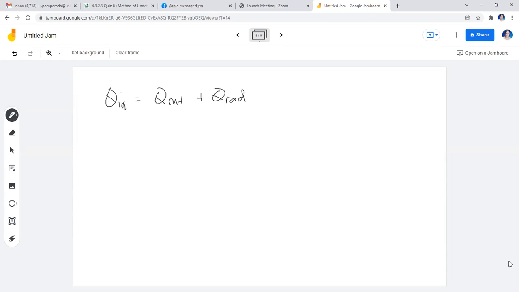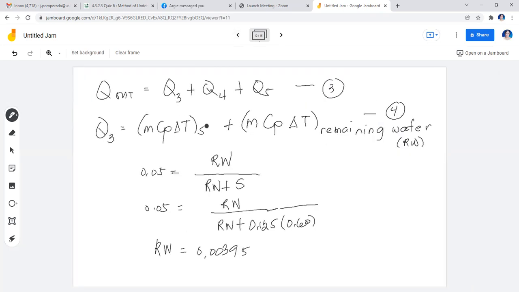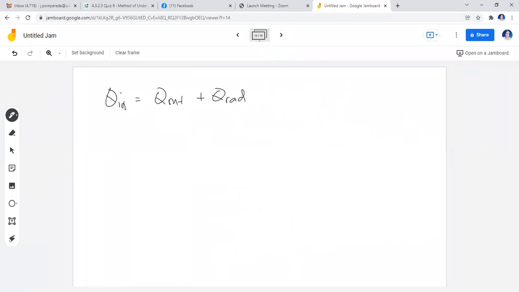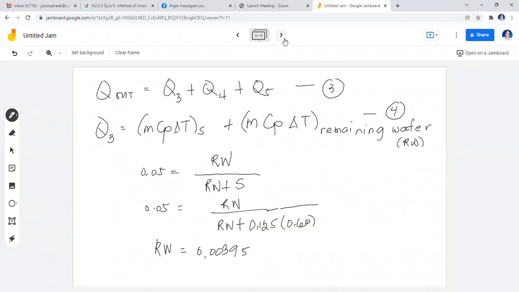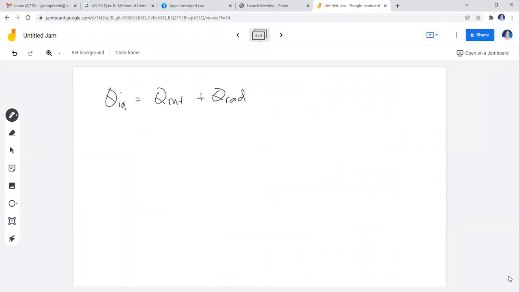But your Q out is this. So all you have to do is add all of this. From equation 3, this is already equation 4, so this must be equation 5.